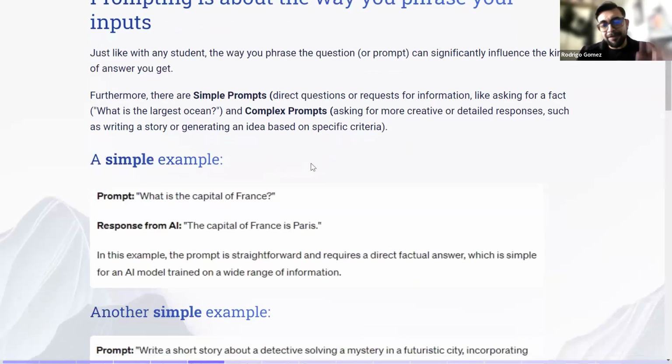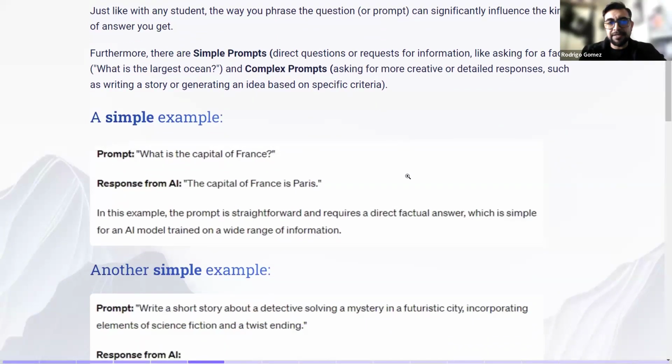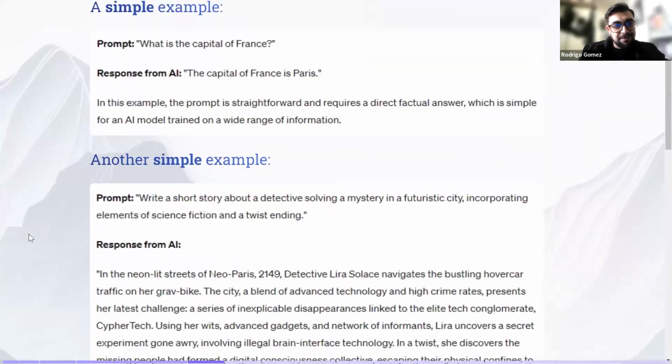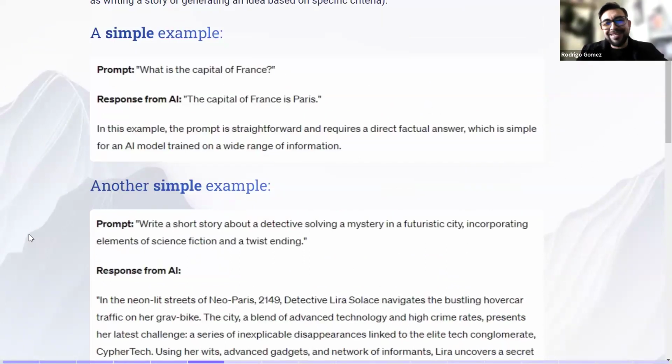Now, if there is prompting, then there are simple prompts and complex prompts. And simple prompts could be as simple as, what is the capital of France? And the result that you would get is straightforward. So it's just a factual answer. That's all that you would get here.